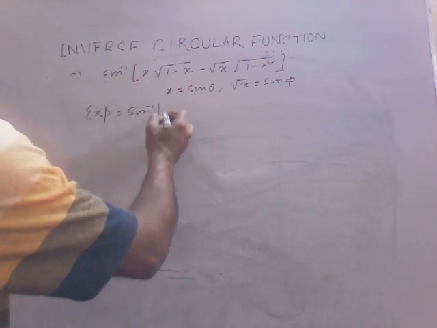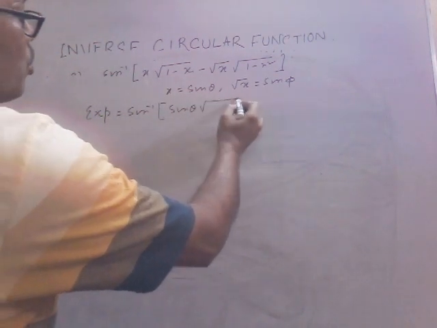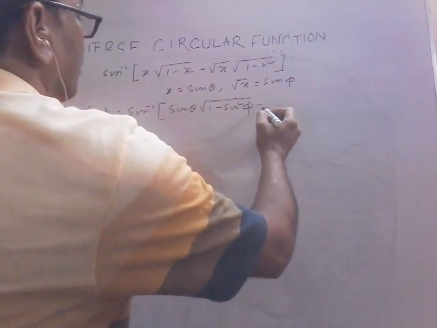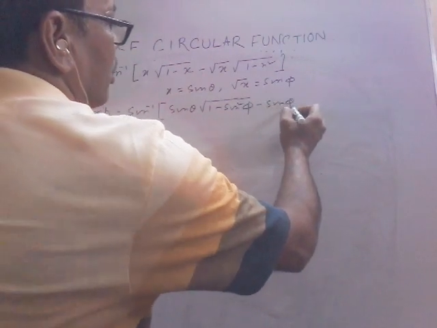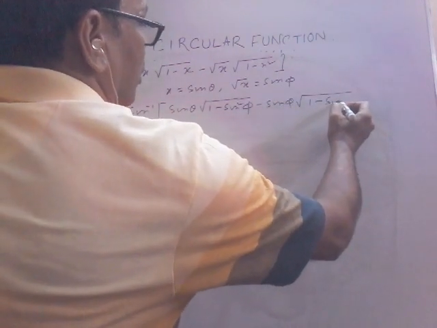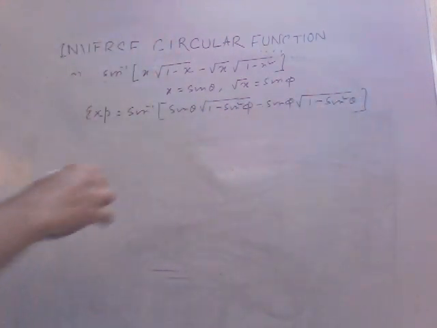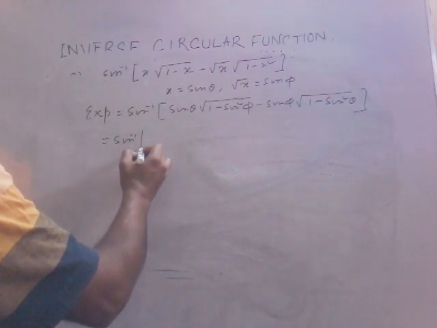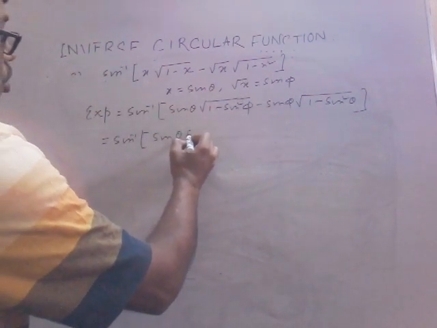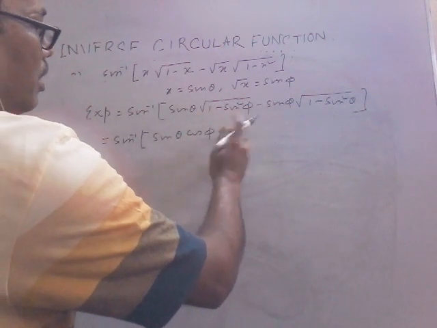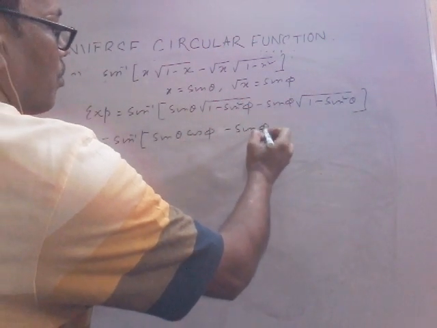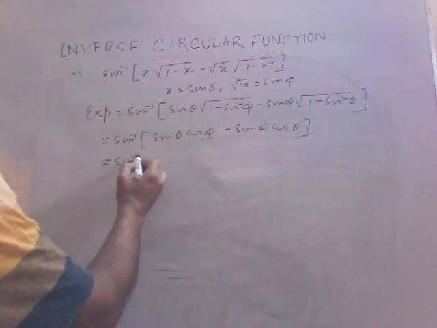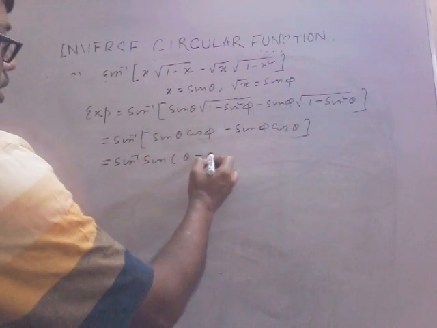Sine inverse of sine theta root over 1 minus sine square phi minus sine phi root over 1 minus sine square theta equals to sine inverse of sine theta cos phi minus sine phi cos theta. So this is the formula of sine theta minus phi.